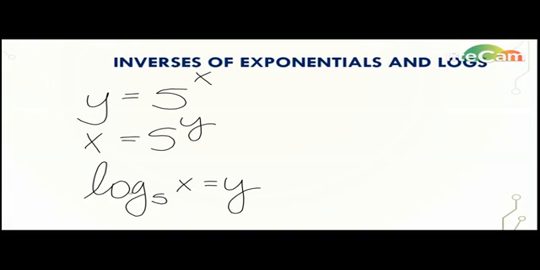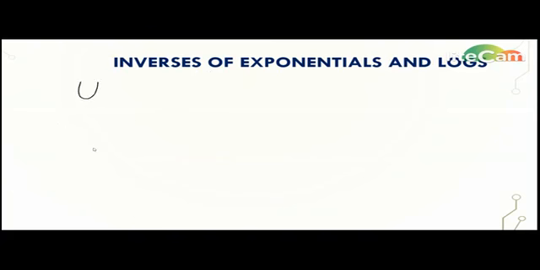So I'm going to say log base 5 of x equals y. Notice that I'm kind of dropping the 5 down, pulling the x on the inside, and then moving the y to the outside. This is fine. I can write it y equals log base 5 of x if I wanted to. This is the conversion from an exponential to a log. This is the switch. Okay?